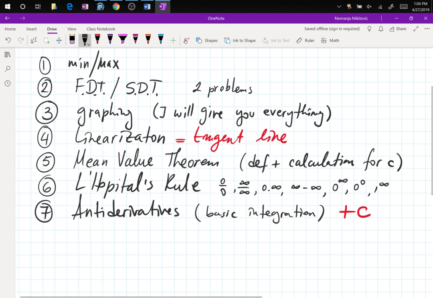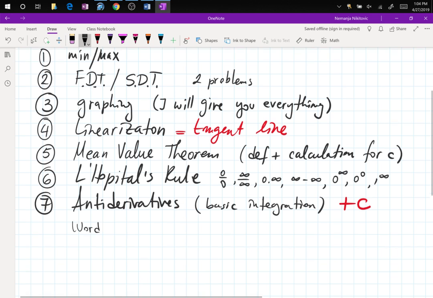Now we are getting into the word problem area. Okay, so I tend to repeat, not always the case, but I tend to repeat related rates, 3.11.